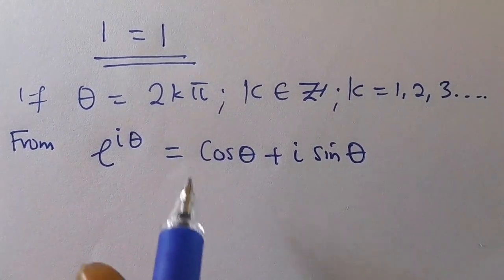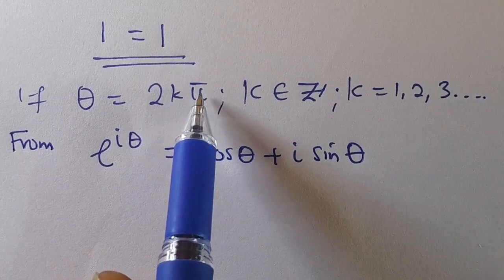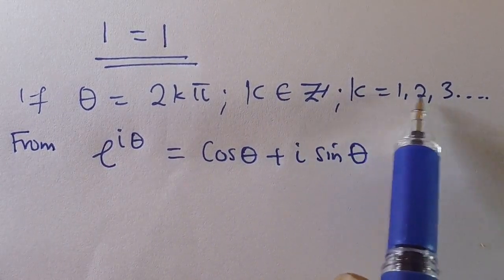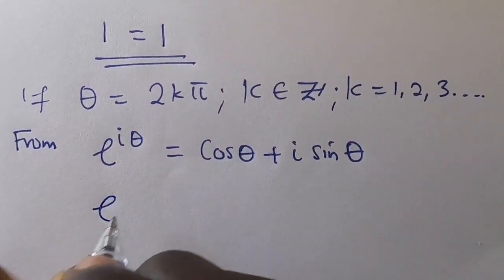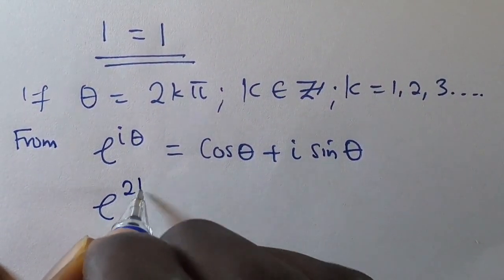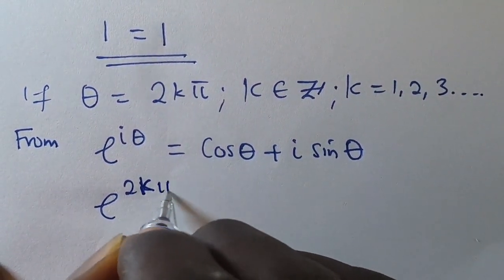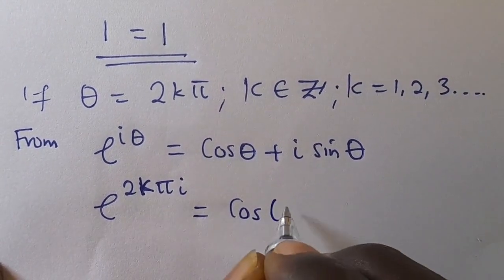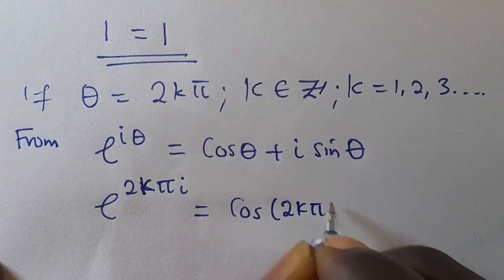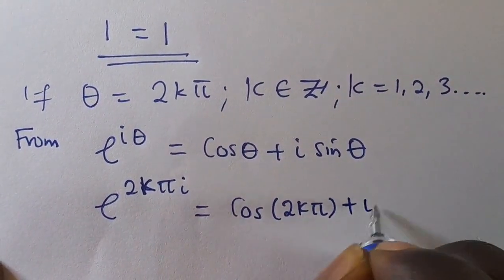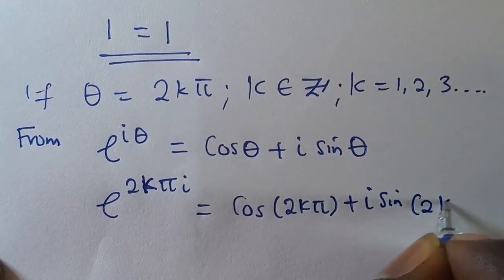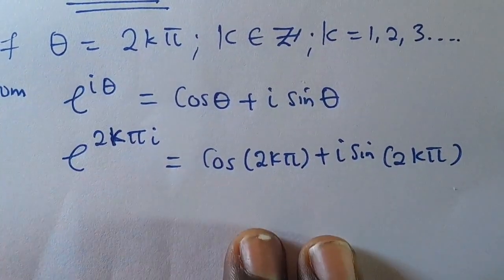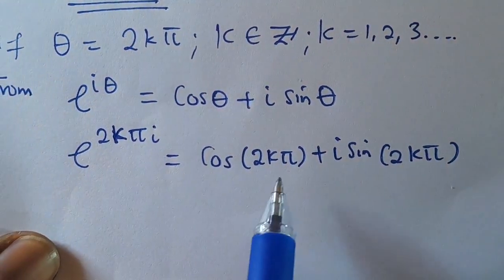Now when theta equals 2k pi, such that k is a positive integer, k equals 1, 2, 3 to positive infinity, we have e to the power of 2k pi i equals cos 2k pi plus i sine 2k pi.